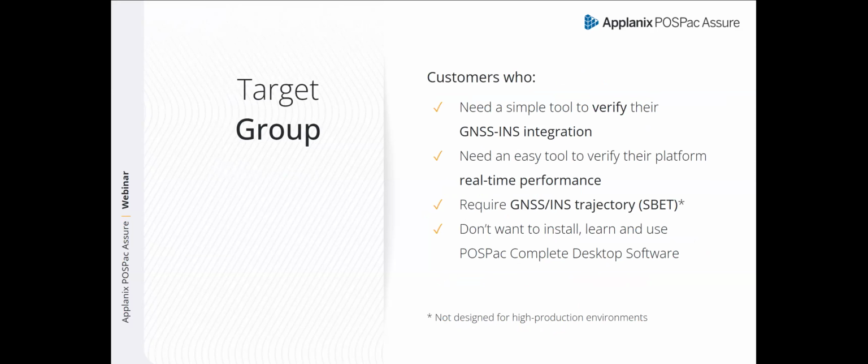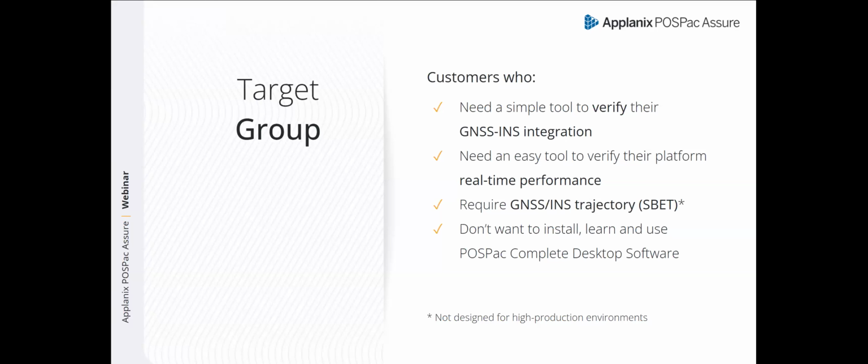So who's the target group? Who we want to get on this one here is customers who need a simple tool to verify their GNSS-INS integration, and customers who need an easy tool to verify their platform real-time performance. And of course, customers who require a precise GNSS-INS trajectory, which is, again, the famous SBET file, smooth best estimate of trajectory.